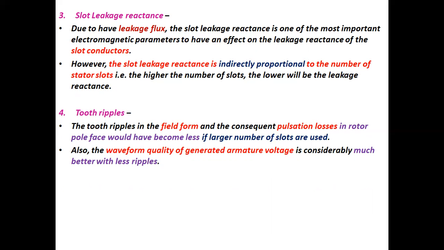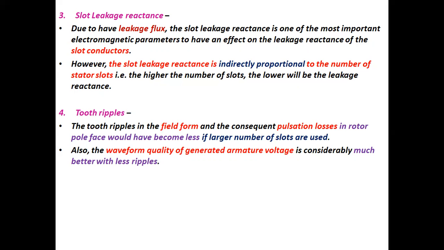Due to leakage flux, the slot leakage reactance is one of the most important electromagnetic parameters having an effect on the leakage reactance of the slot conductors. However, the slot leakage reactance is inversely proportional to the number of stator slots. That is, the higher the number of slots, the lower will be the leakage reactance.